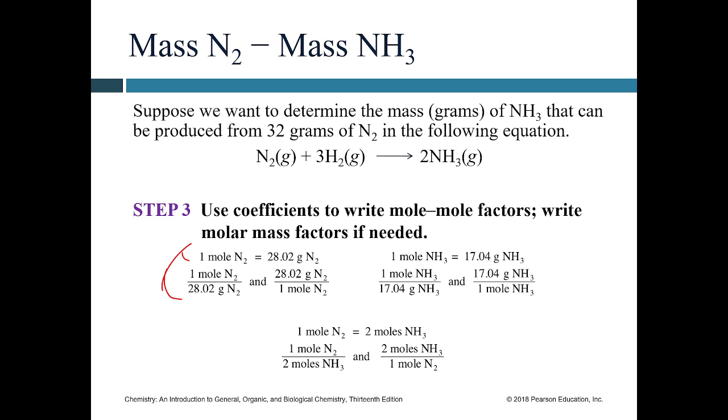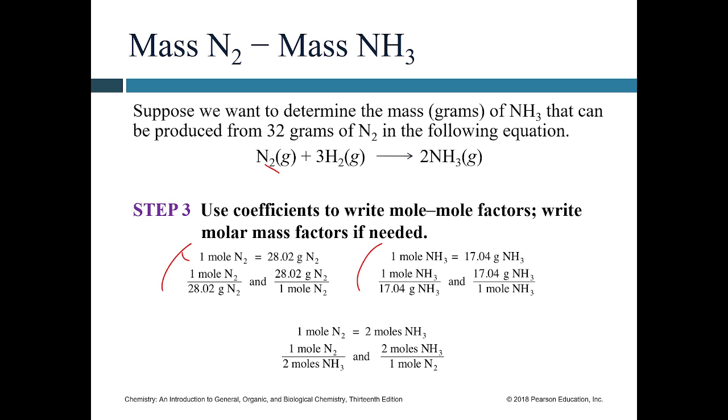Wait, so you take the mass of N and multiply by what? So it's N2 because there are 2 nitrogens. Okay. So this right here is what we're doing for NH3 as well. We look up the periodic table for nitrogen.